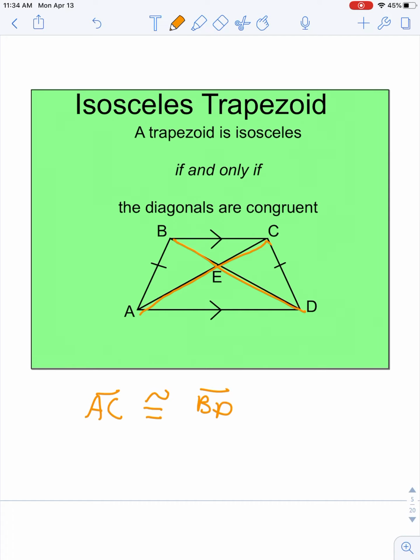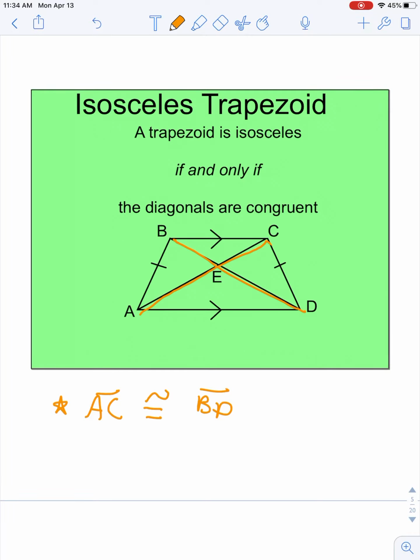And remember, these are if and only if. So if I tell you that this trapezoid is isosceles, then you know the diagonals are congruent. Or if I show you a trapezoid and you're given that the diagonals are congruent, then you can go ahead and say it's isosceles.